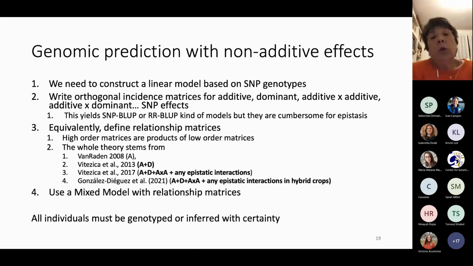For genomic prediction with these non-additive effects, we need to construct a linear model, for instance based on SNP genotypes. We will write orthogonal incidence matrices for additive, dominant, additive by additive, and so on, SNP effects. This yields SNP-BLUP or random regression BLUP kinds of models, but they are cumbersome for epistasis. So we can do something equivalent, which is to define relationship matrices, in a way that high-order matrices are products of low-order matrices.